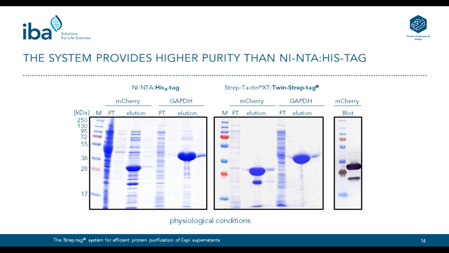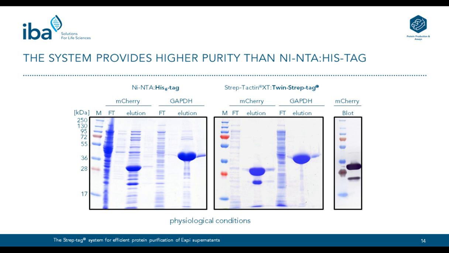And as you can see in the elution fraction of mCherry, there are lots of contaminating bands still present in the elution fraction. And obviously here a second purification step would be necessary in order to achieve a good protein purity. The GAPDH purification looks better, especially because the GAPDH is highly concentrated, but again, especially in the upper part, you can see many contaminating proteins.